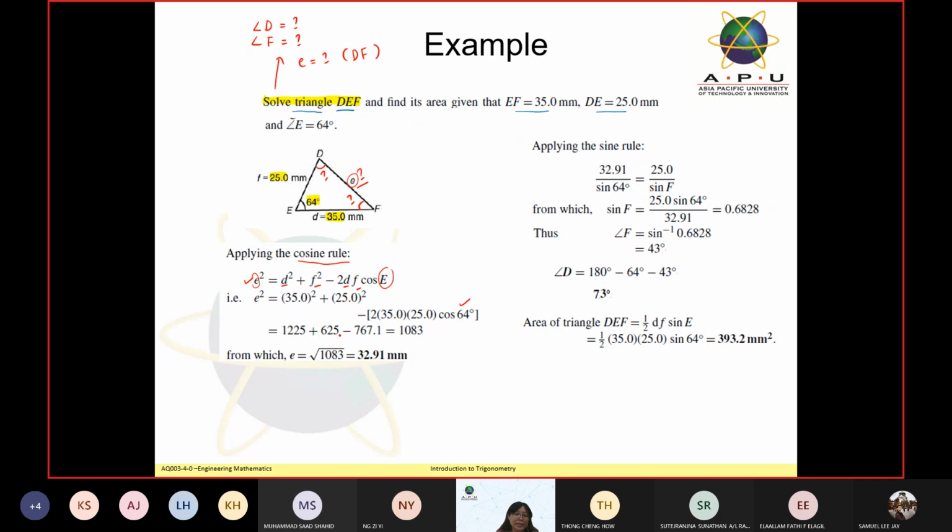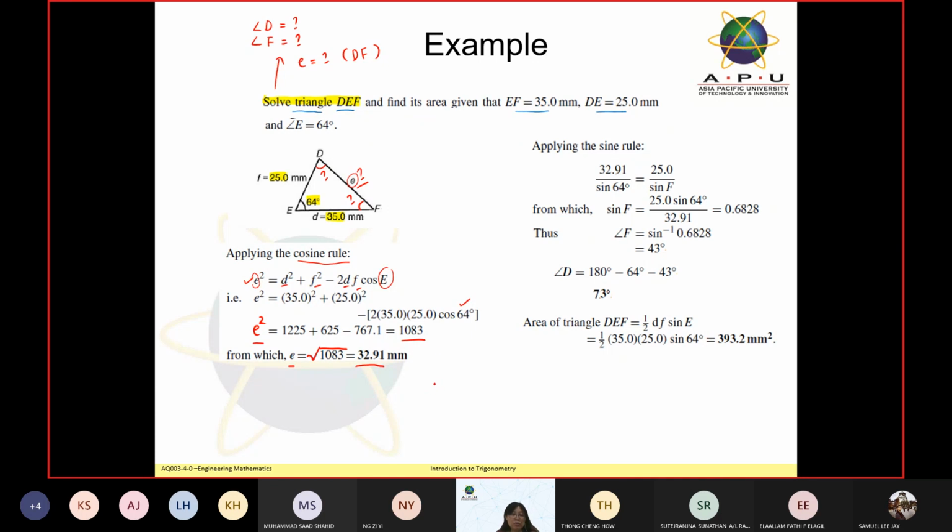Now you try to calculate. When we calculate, we get 1083. But please take note, the 1083 we obtain here is for E squared. You want to find E, so you still need to get the square root of 1083, which is 32.91 mm.